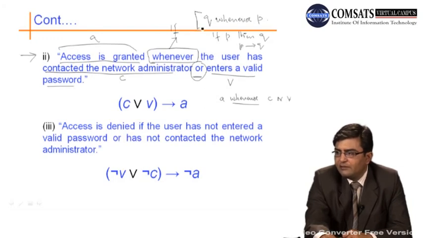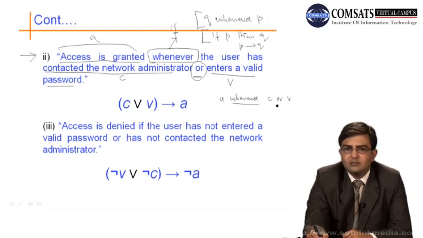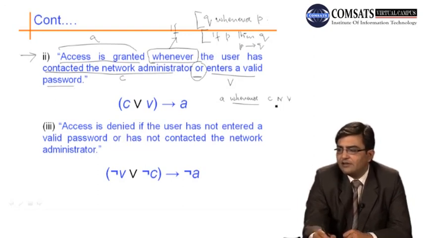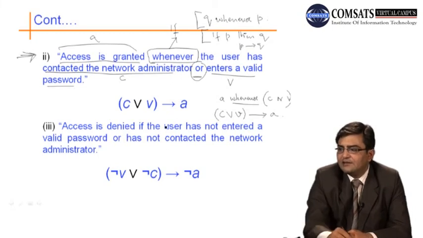Q whenever P is logically equivalent to if P then Q, or P implies Q. So here we have a statement A whenever C or V. I have told you that the disjunction operator has a preference over the implication operator, so we can write this in brackets, and this expression is logically equivalent to C or V implies A. So the given statement is written in symbolic form as this.